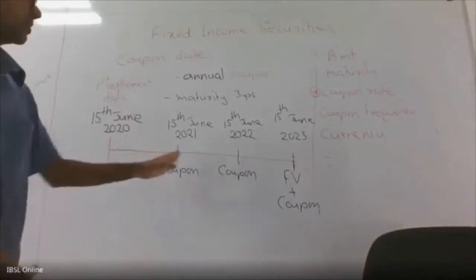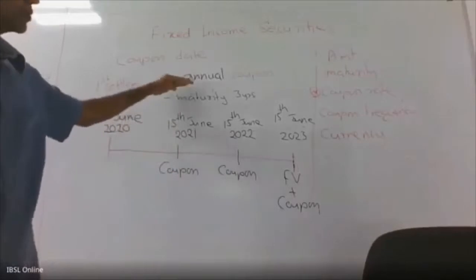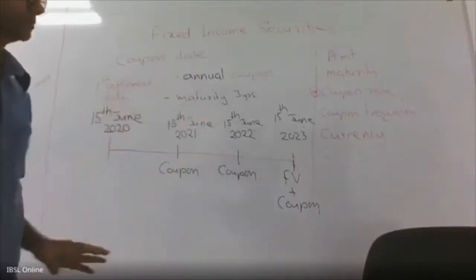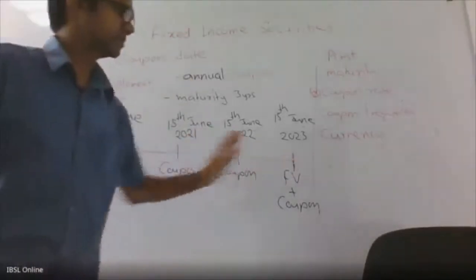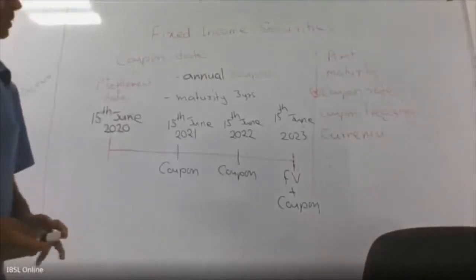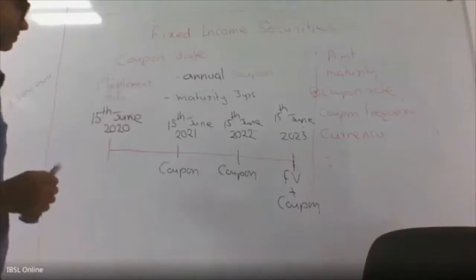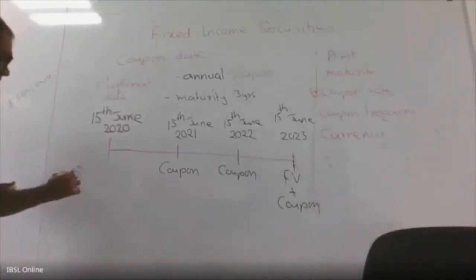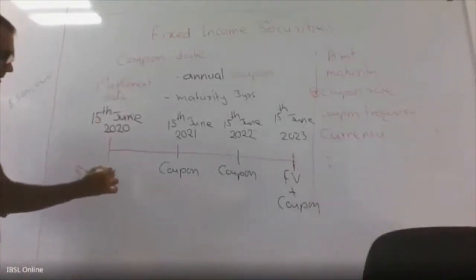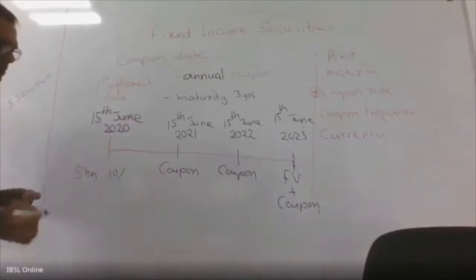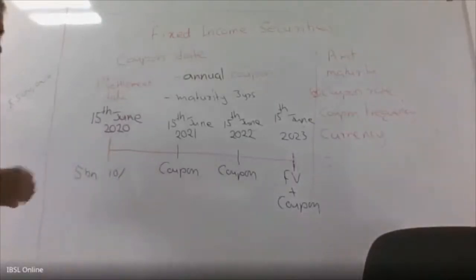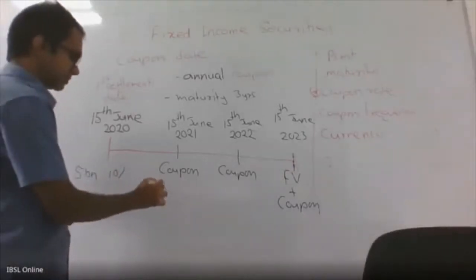This is an example of an annual coupon bond. Every year you will get a coupon depending on the coupon rate and the face value. If we go back to our previous example, if it is 5 billion and 10%, 500 million.